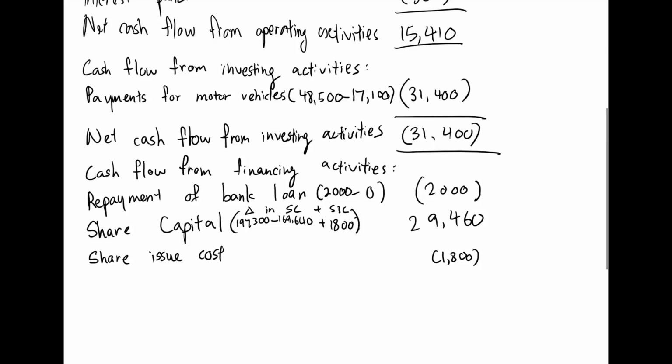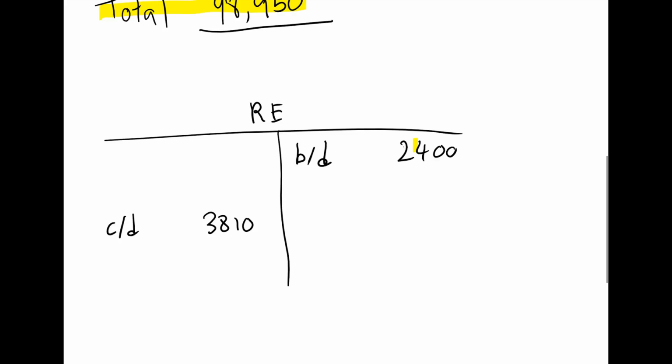So under your workings, you must record that your retained earnings have reduced by 2,000 because you have transferred this into your general reserve.